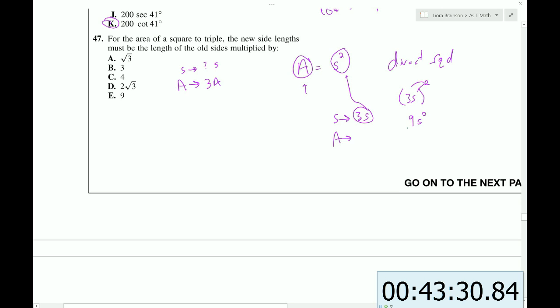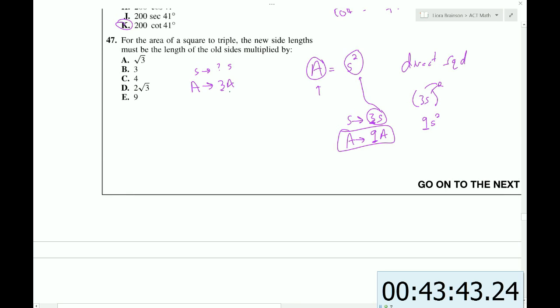Because the squared applies to both. So the area gets multiplied by 9. So you see, any slight change that I affect here is going to get squared in the output. Okay. So if I want the output to be tripled, I should multiply this by radical 3. Okay? Because that radical 3 would then get squared and become a full 3.